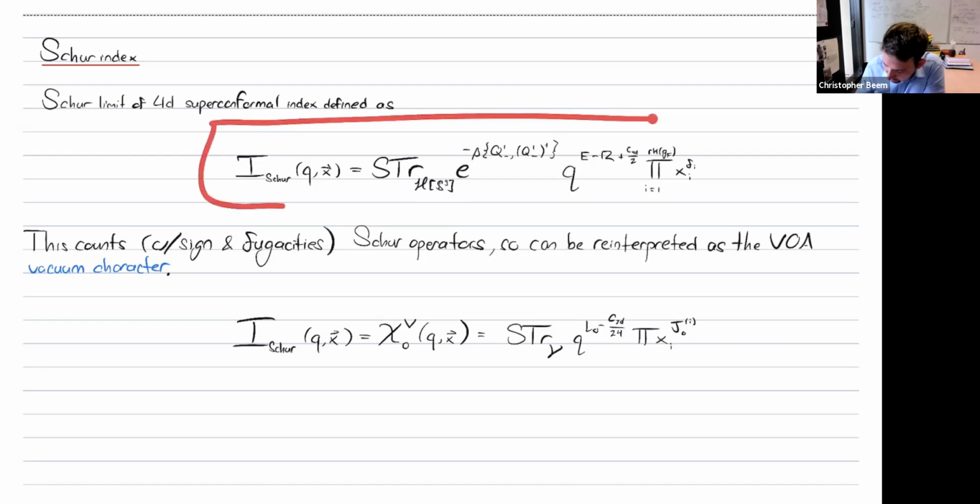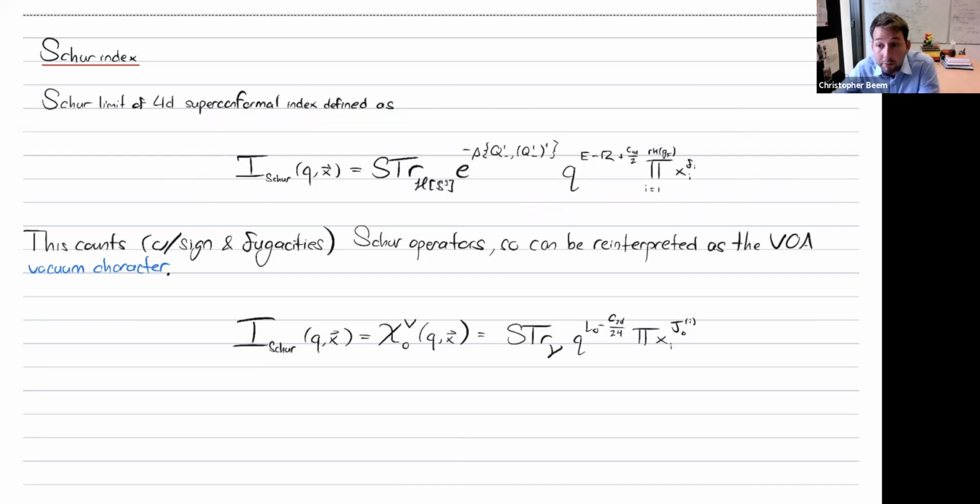And the so-called Schur limit, this is where the name Schur operator comes from for these operators we've been discussing, which is written this way. There's a conventional term here, which has a fugacity beta. Turns out that the answer is independent of beta. So this is just a regularizing factor.